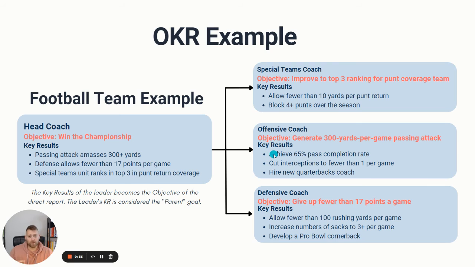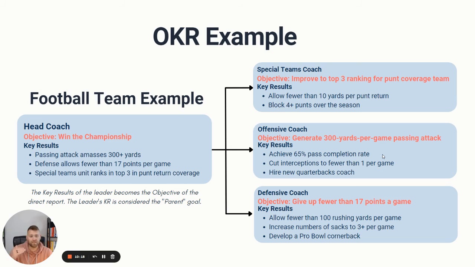And then what would happen is this offensive coach might have people who report to him, not players, but maybe other coaches. So maybe you have offensive line coach. That offensive line coach would possibly take this first key result and turn it into their objective.